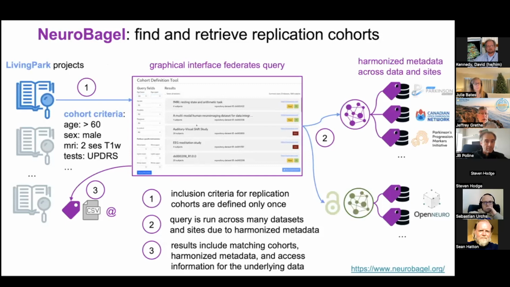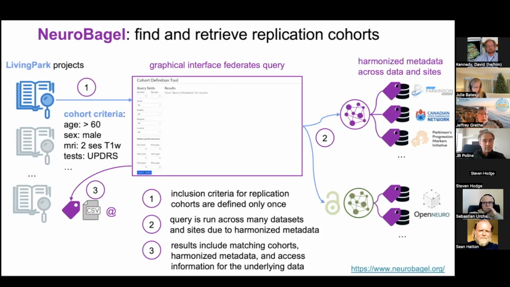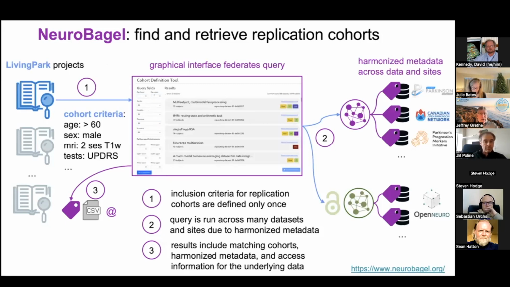And through NeuroBagel, there's now a way to find and retrieve cohort information across a number of different repositories. It has a query interface where it runs facets and basically lets you highlight and slice and dice the data set based on certain characteristics.